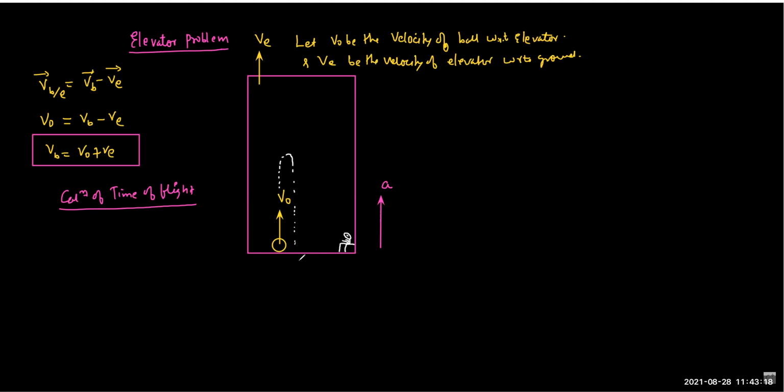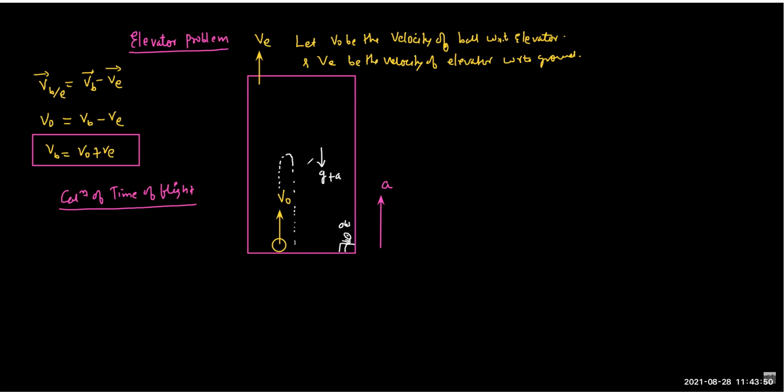Now the question is, what is the acceleration of the ball as seen by this observer? So is it G? It is minus G minus A. Yeah, so the total acceleration is G plus A downward for this observer. And therefore, the only difference is replacing G by G plus A, and the answer is the same.